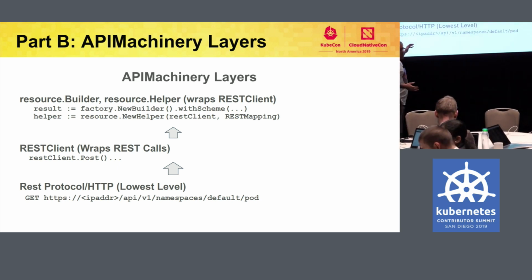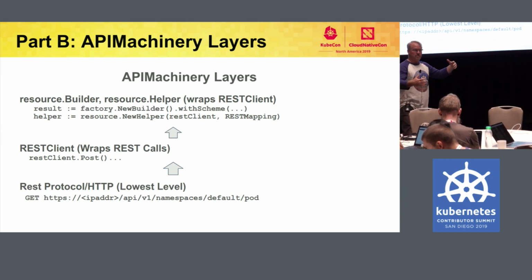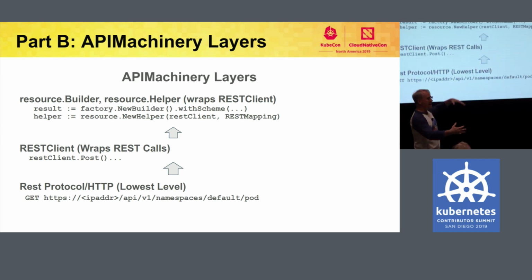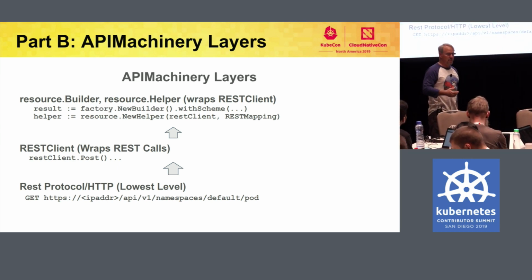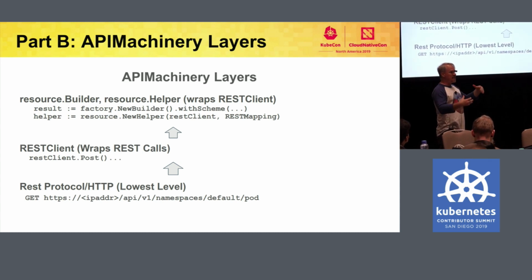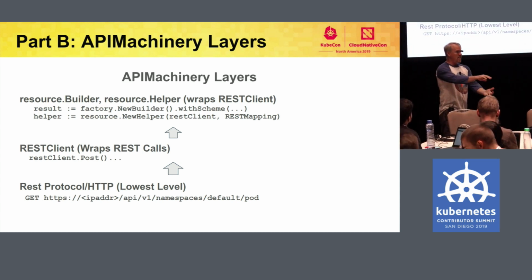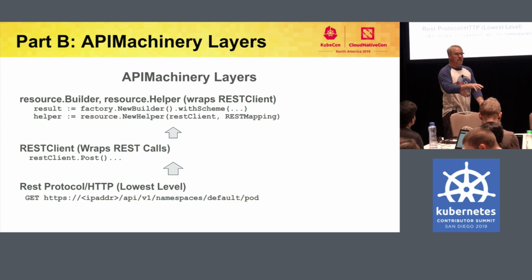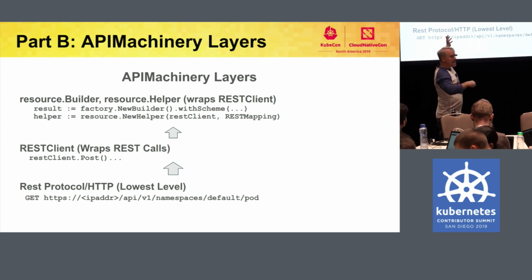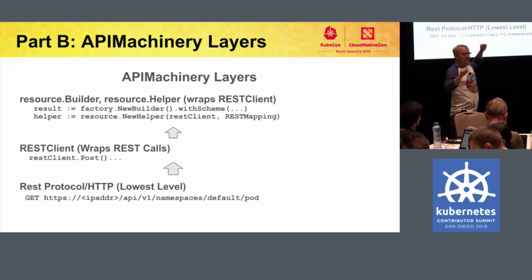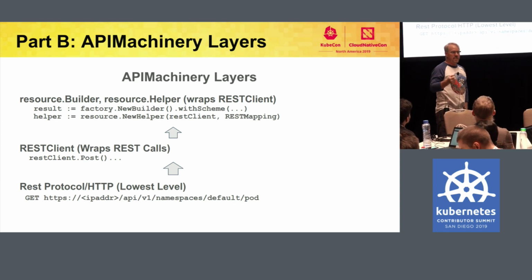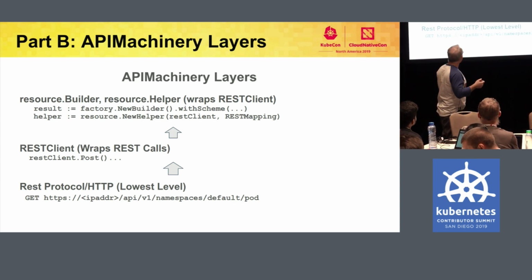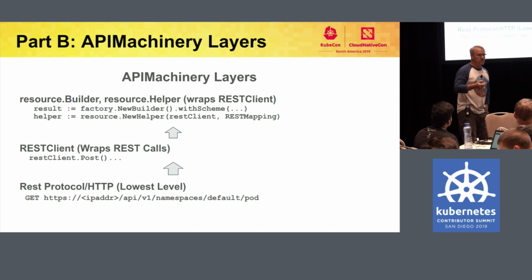Above that, we have encapsulations. The first layer of encapsulation is a REST client, a client that understands this REST protocol over HTTP. And above that, there are the structures that we normally use in kubectl, which are the resource helper and the resource builder.